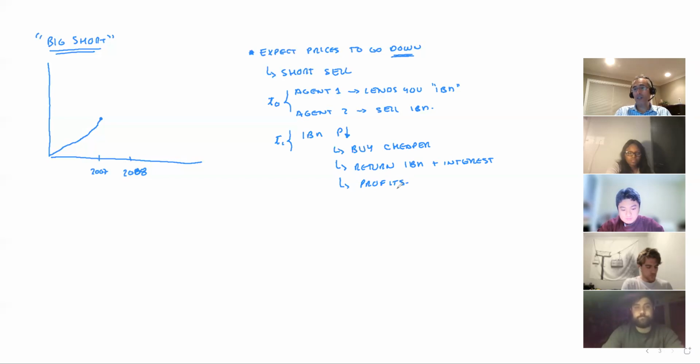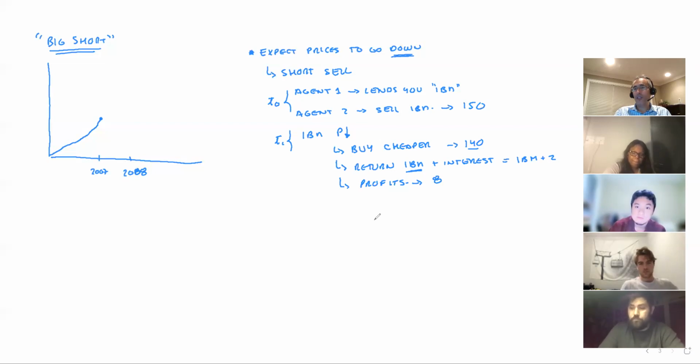Imagine that when you sell, let's assume you sold at 150. Then the price went down, and you buy at 140. So with 140, you buy IBM again, plus an interest. Imagine that interest is simply IBM plus $2. So what is your profit? It is basically 8. Do you agree? So what is the main condition here, guys?